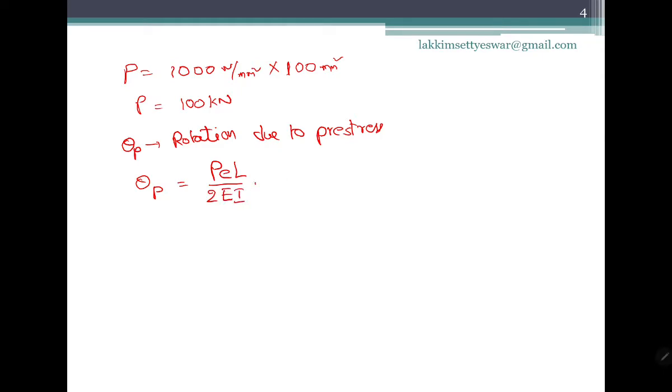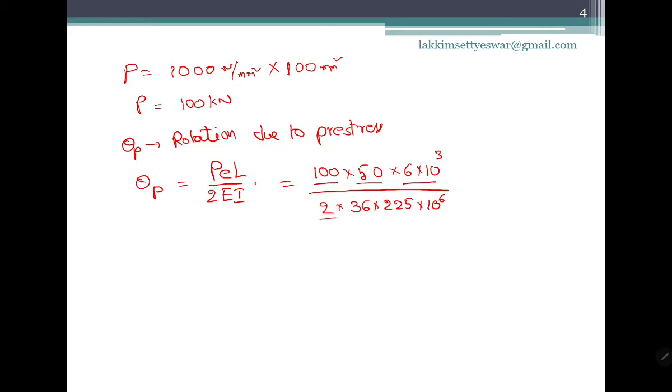Please remember this formula. Substitute the values. 100 into 50 into 6 into 10 power 3, where P is the pre-stressing force, E is the eccentricity, L is the length, divided by 2 into 36 into 225 into 10 power 6.